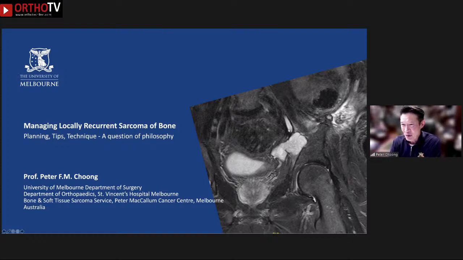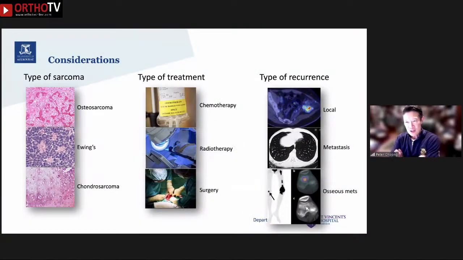But in fact, when I thought about it, it really was a question of philosophy of how you manage this. And I suspect for each of us that would be somewhat different. So when I consider managing locally recurrent bone sarcomas, I think of three things. First of all, the type of sarcoma.